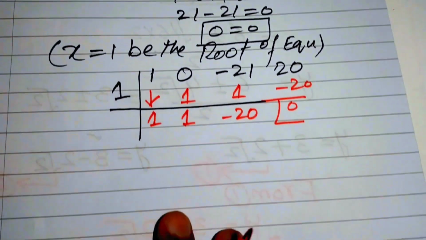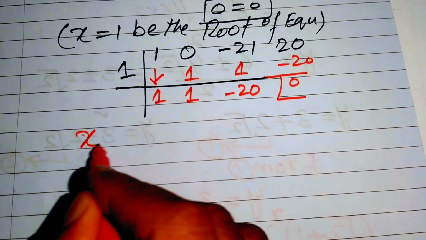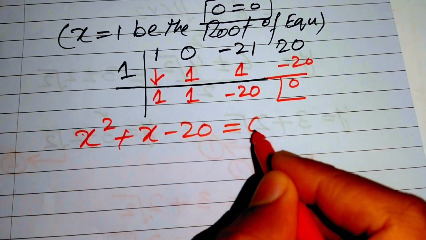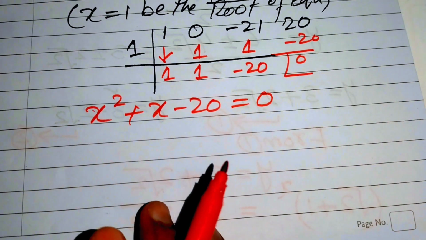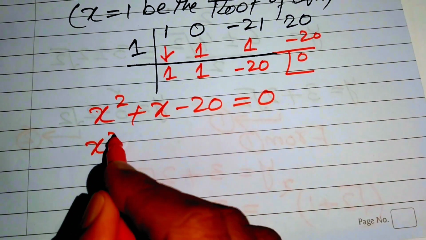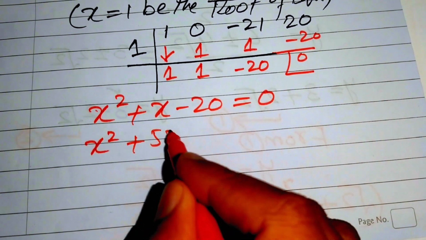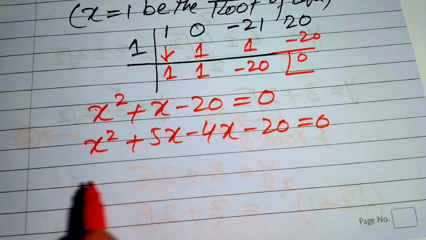And now we write the depressed equation. Our depressed equation is x² + x − 20 equals 0. So here we make the factors of this equation. Now we easily make the factors of this equation. So here we break the middle term. Our middle term is x, and we write this x as +5x − 4x − 20 equals 0.